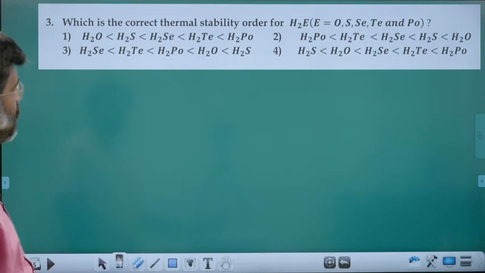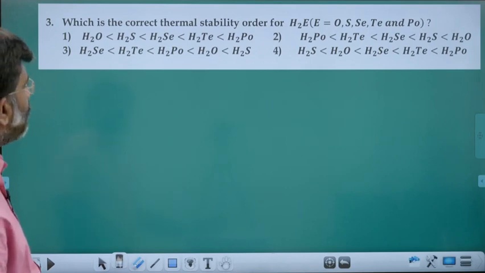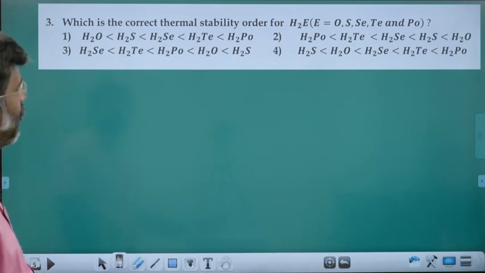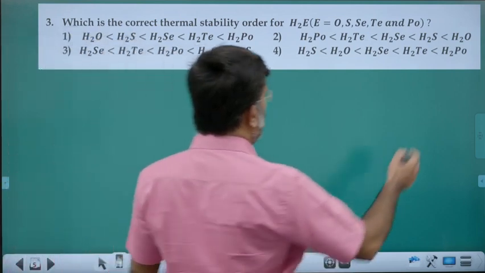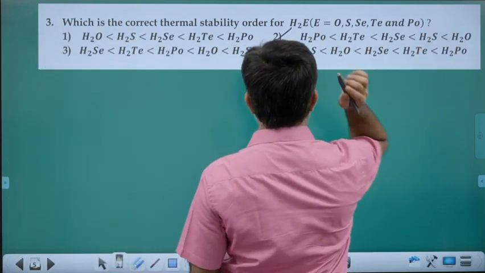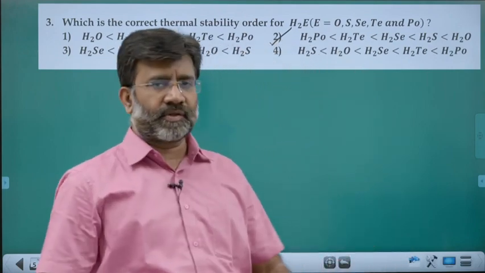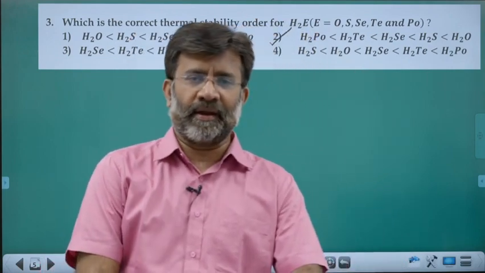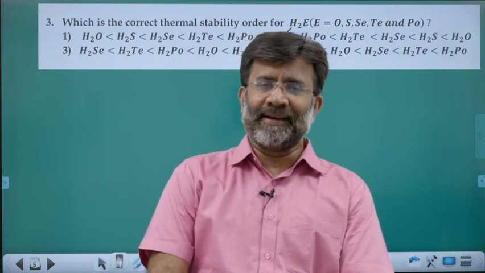So which is most stable? It is referring to the hydrides of the oxygen family, and no doubt the most stable is the water molecule. So it is oxygen, sulfur, selenium, tellurium, polonium. Second choice is the correct answer. Most stable is H2O, and down the group the thermal stability decreases.